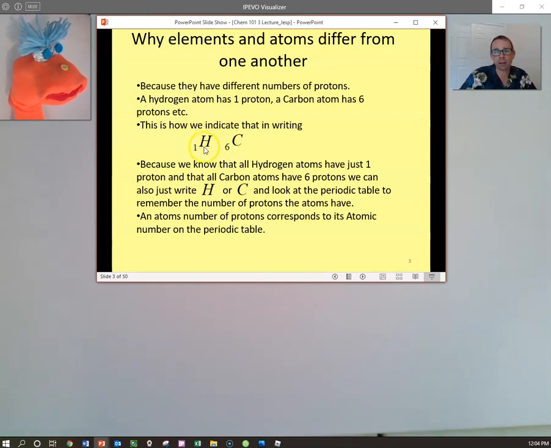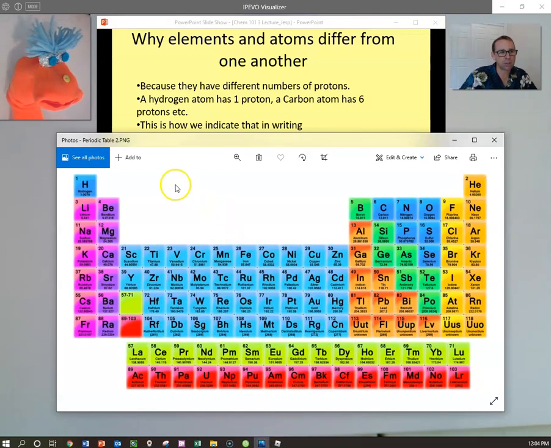Do you remember how many protons hydrogen has? I think I do, but do you have the periodic table there? Yeah, right. You can always tell by looking at the periodic table. It has 1 proton, right? Because that number on the periodic table tells us how many protons are in that kind of element.